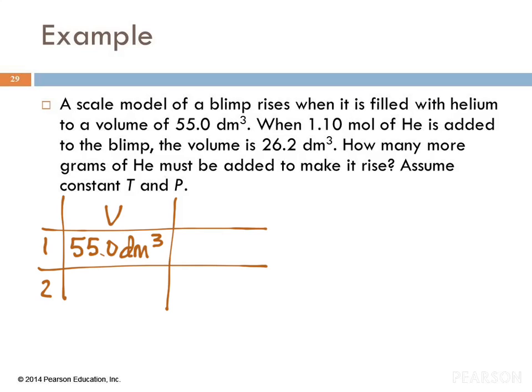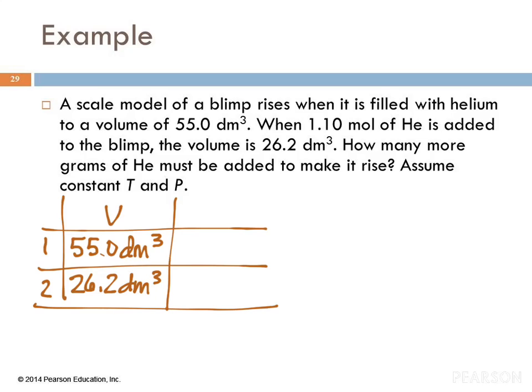Okay. So we think about that, and we're like, that sounds a little funny. Let's skip that for now. Volume is 26.2 cubic decimeters. We know what to do with that. That's a volume. We'll put it in the volume column.